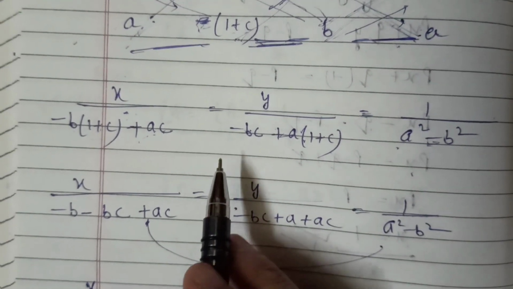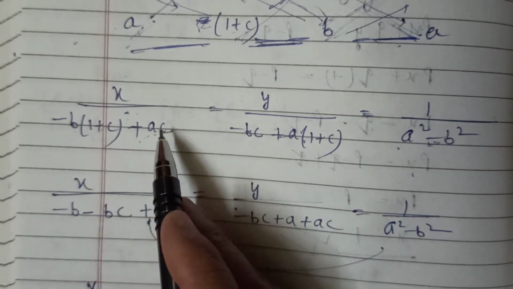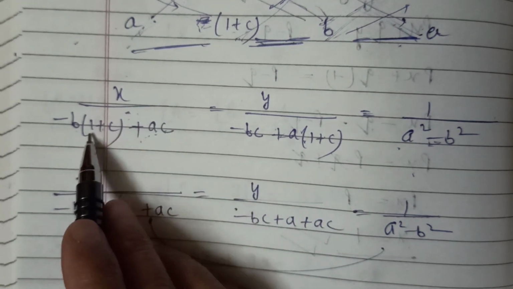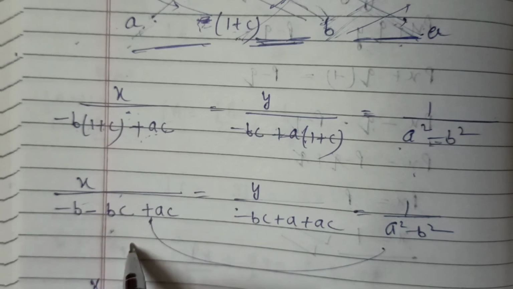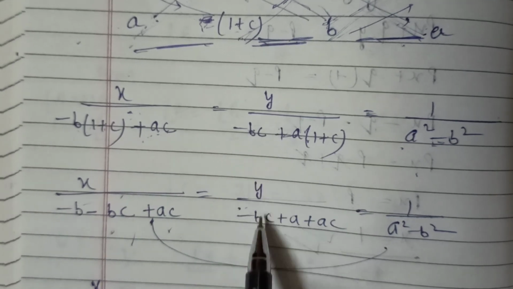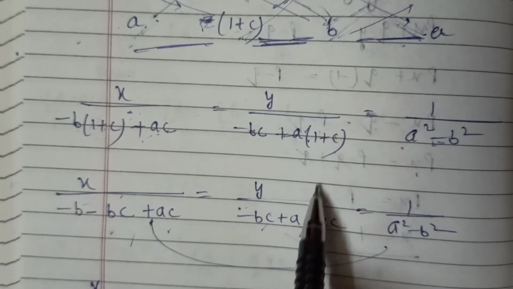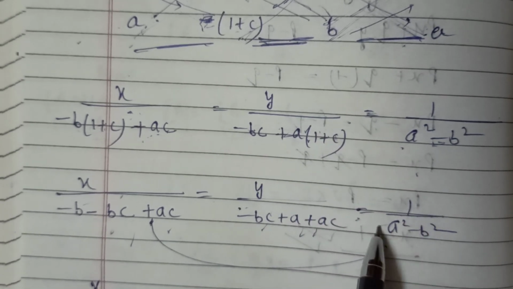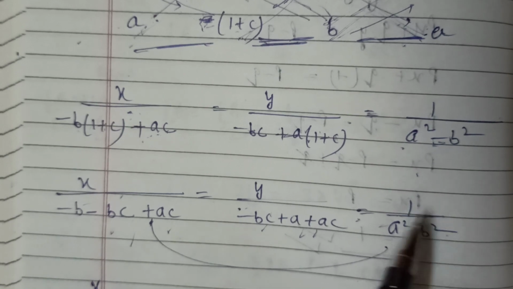Clear? For taking out x, open it, you can open it also. x upon this is minus b minus bc plus ac equal to y upon this is minus bc plus a plus ac is equal to 1 upon a square minus b square.